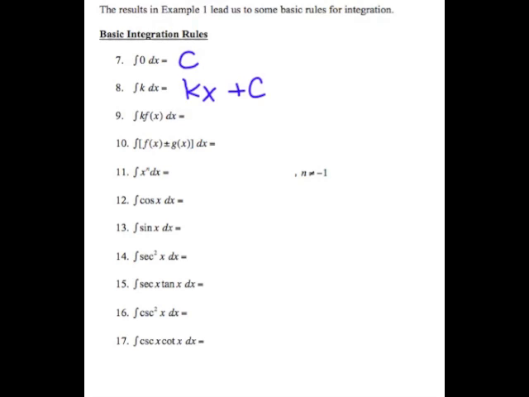The next one is similar to what we saw with definite integrals when we had the bounds. We can just pull out that k. That rule is more about telling us how integrals behave than finding an actual integral.